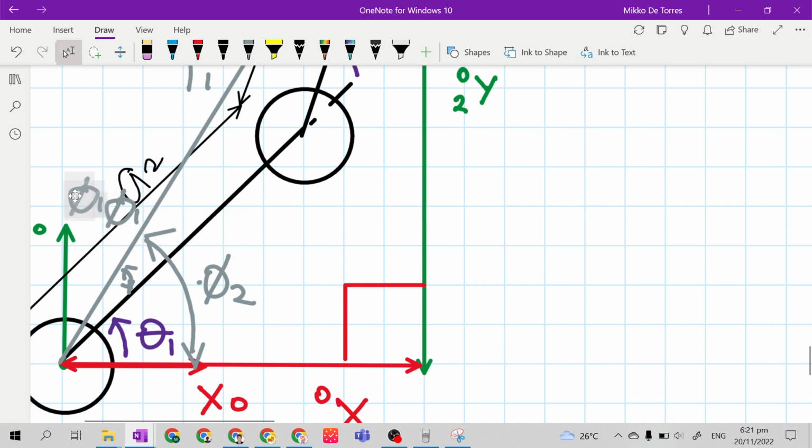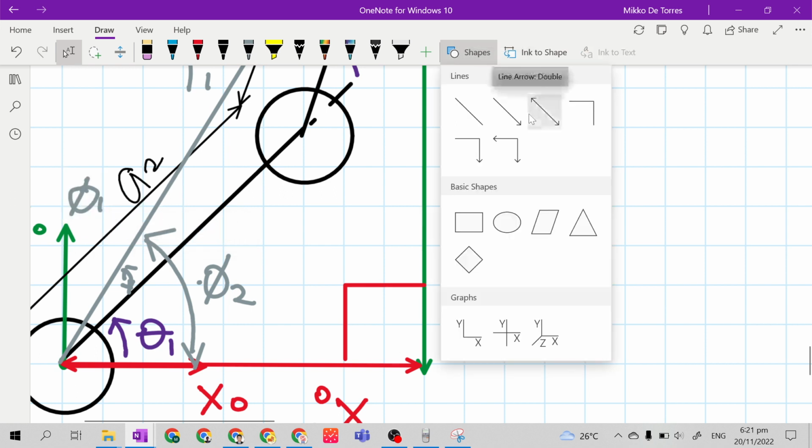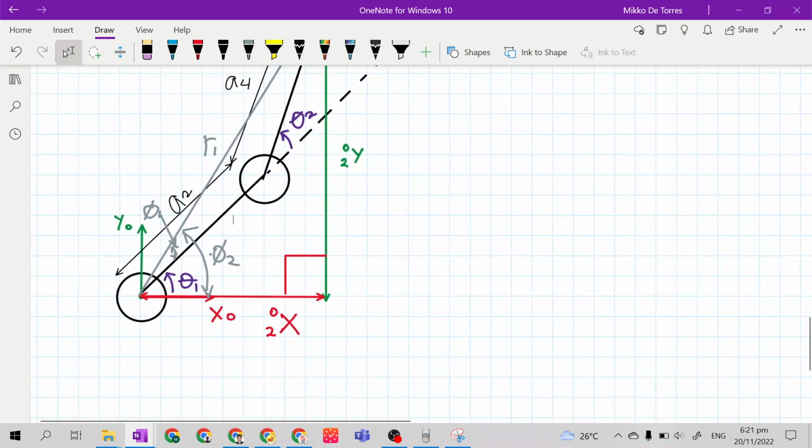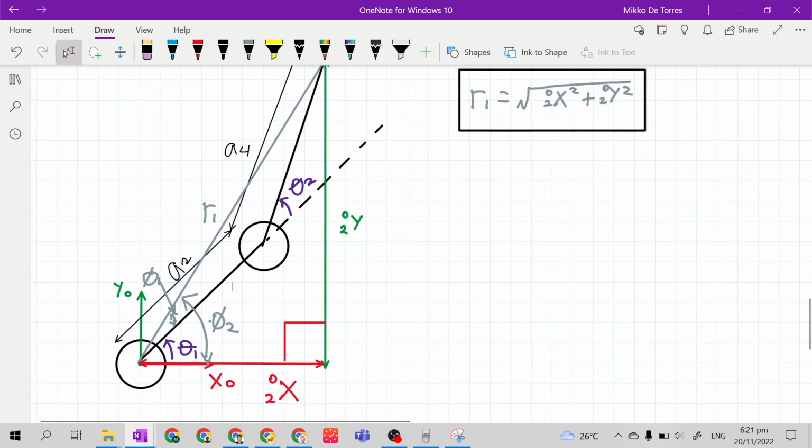This is phi 1, located here. So as you can see, phi 2 is equal to theta 1 plus phi 1.